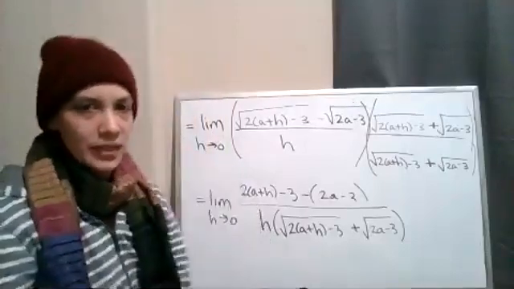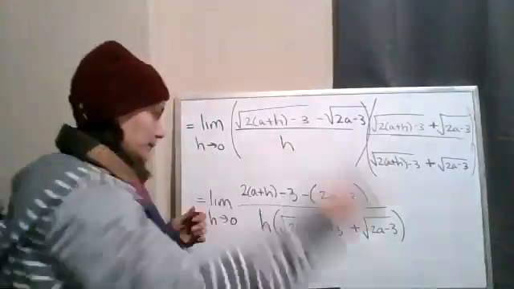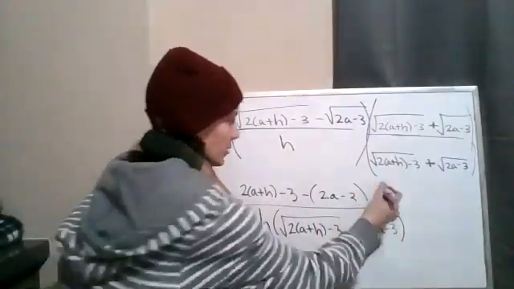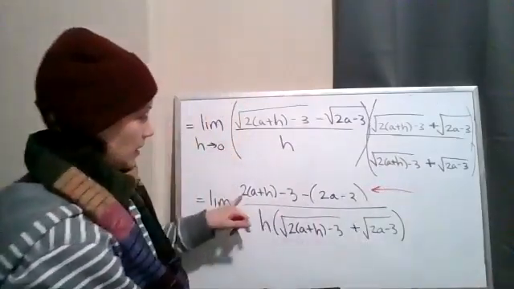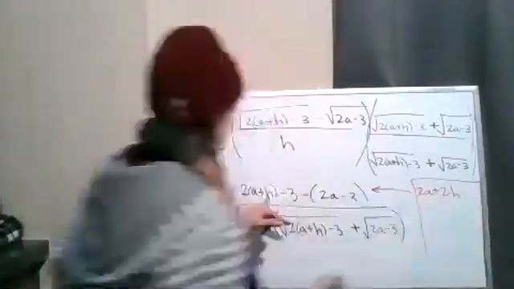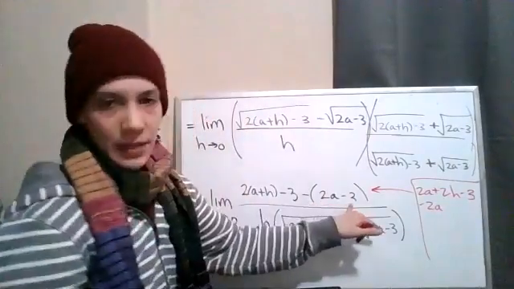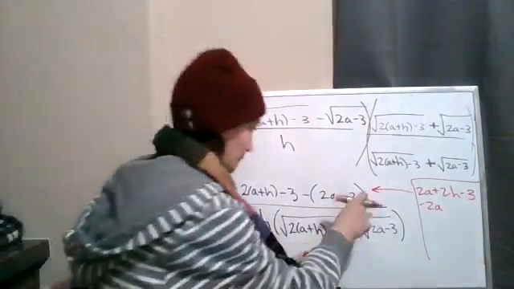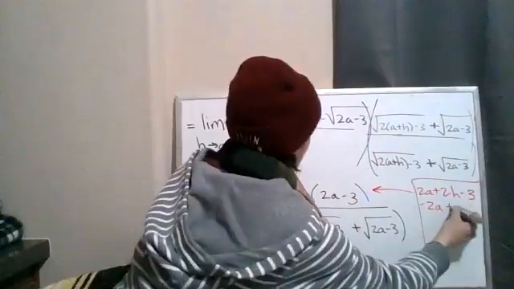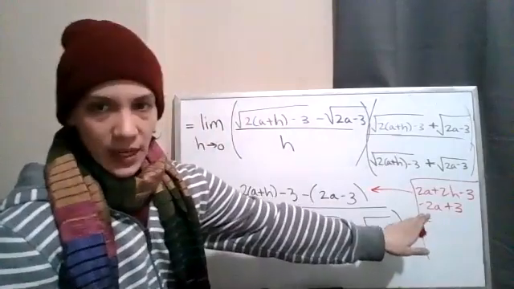So let's just check out this numerator here. 2a plus 2h minus 3 minus 2a. That was supposed to be plus 3. So it leaves 2h.